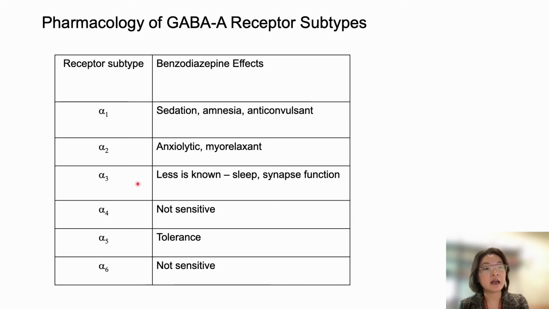Less is known about the alpha-3 subtype, but it may be involved in deep sleep and synapse function. Alpha-4 and alpha-6 are normally insensitive to benzodiazepines. And importantly, the alpha-5 subunit is linked to some tolerance effects.